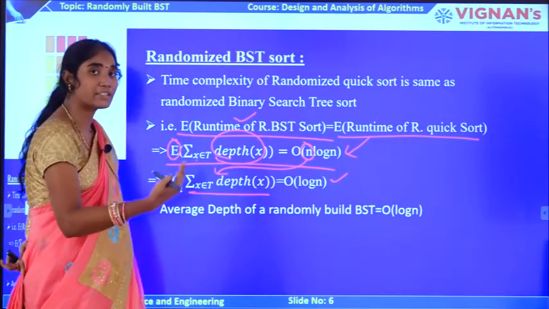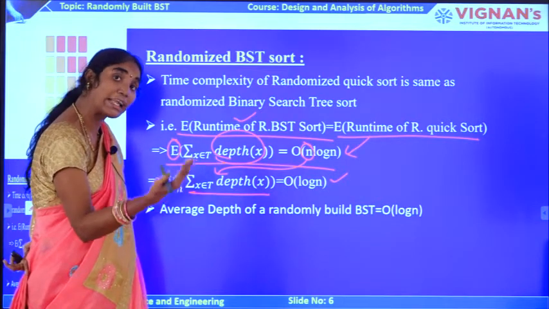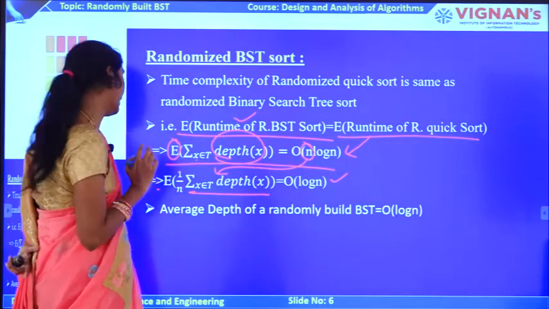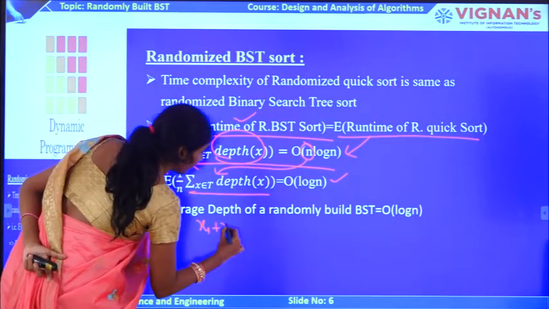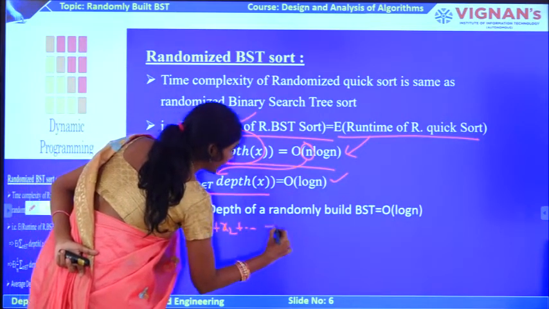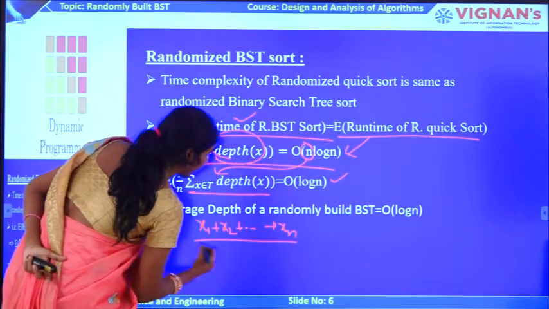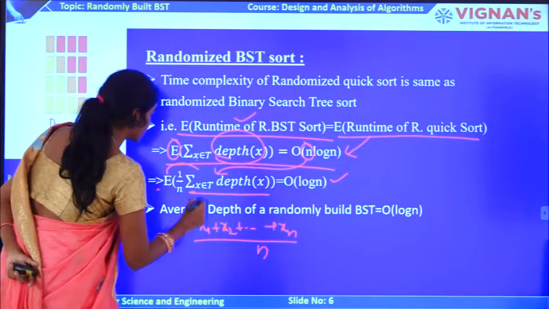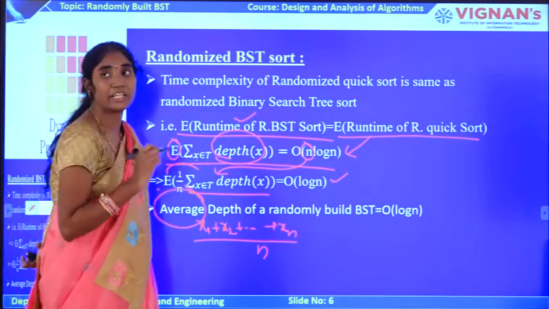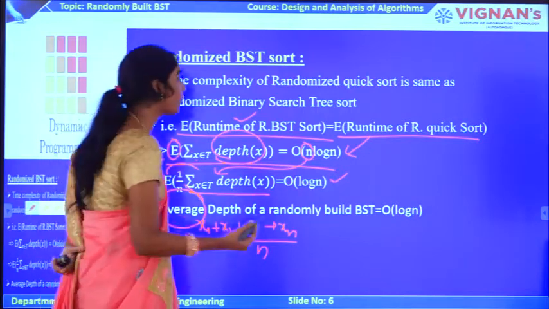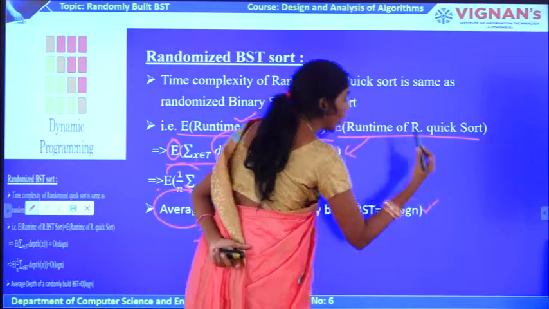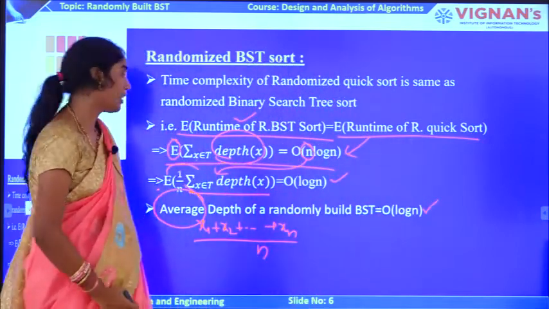Here x1 plus x2 plus x3 plus so on to xn, divided by n. So this is nothing but the average, right? So the average depth of a randomly built binary search tree is equal to big O of log n.